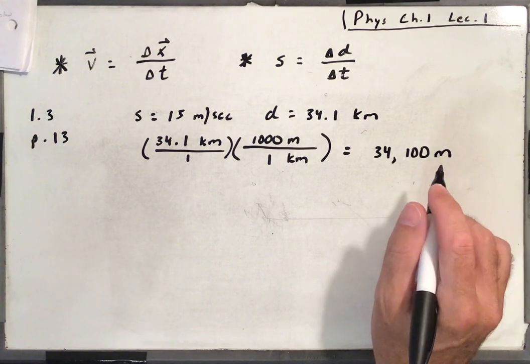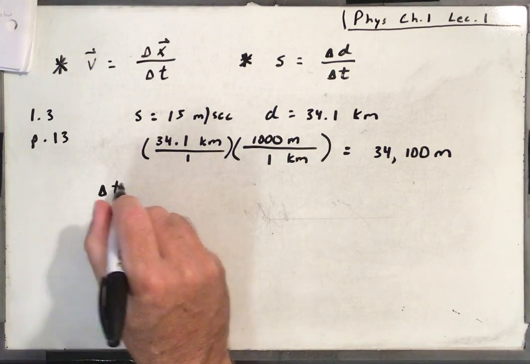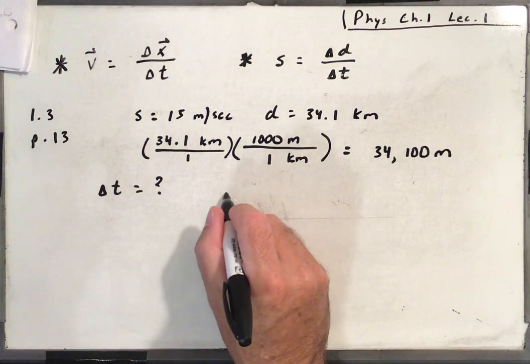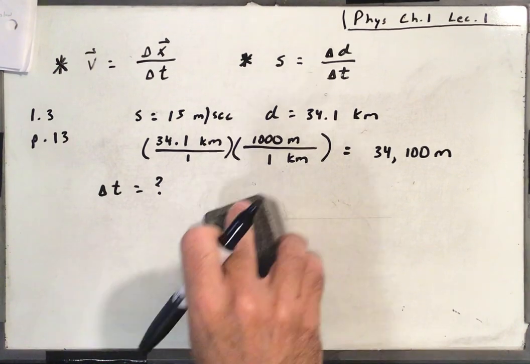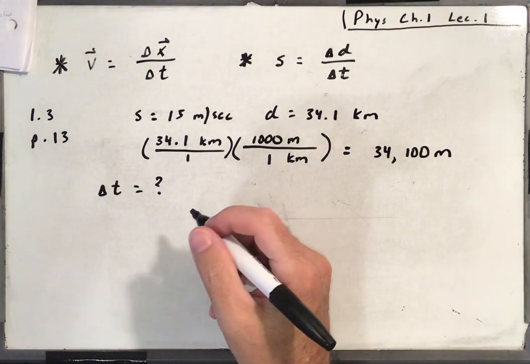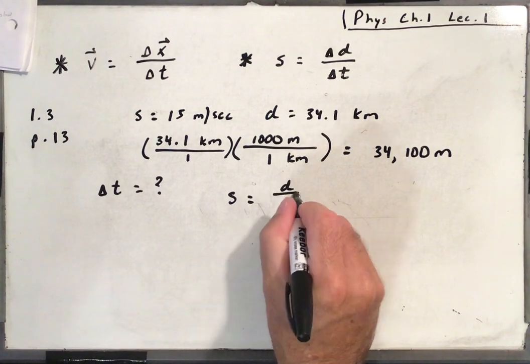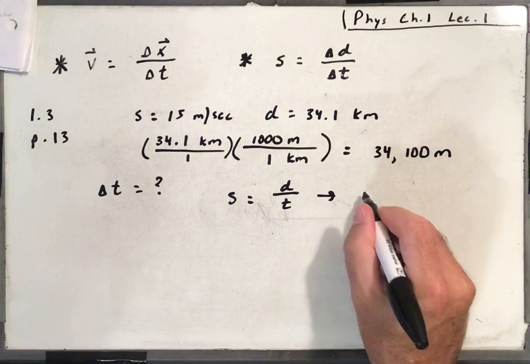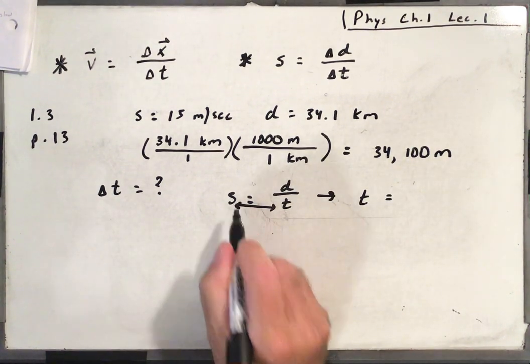We want to know how long was the boat ride. So what is the change in time? Okay, so if we have speed, we do a lot of algebra in physics. Speed is equal to distance over time. Then we know solving for time, we're going to flip these two.